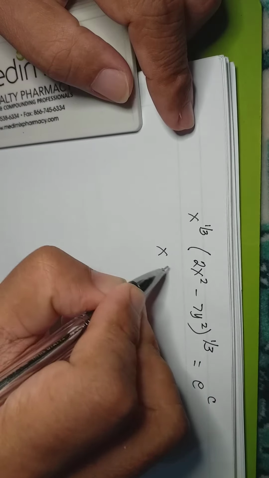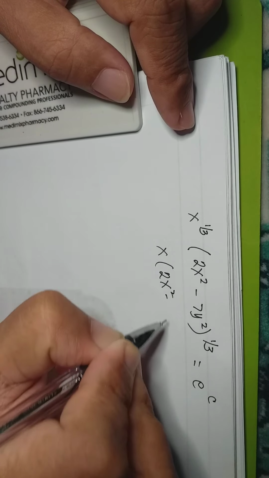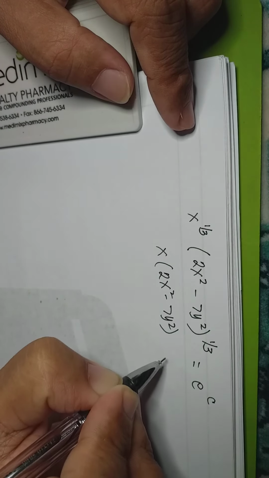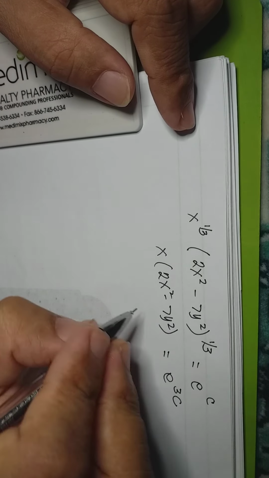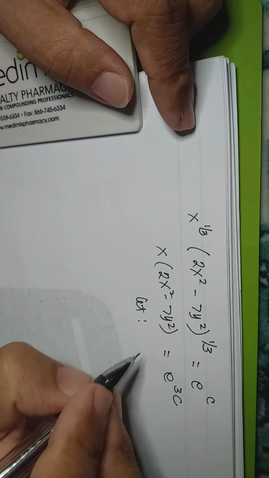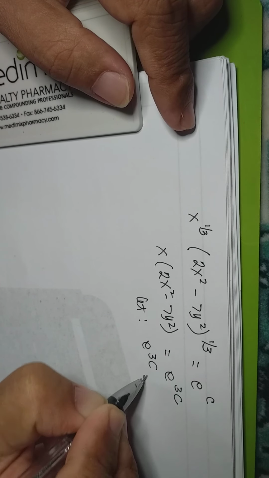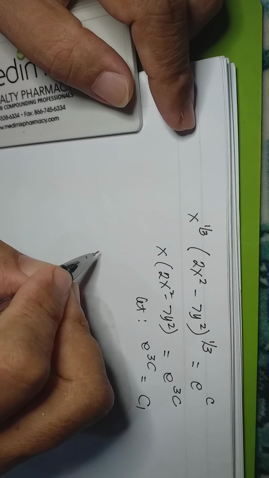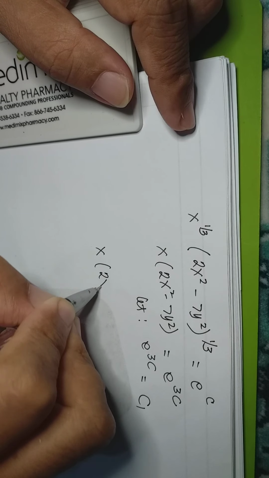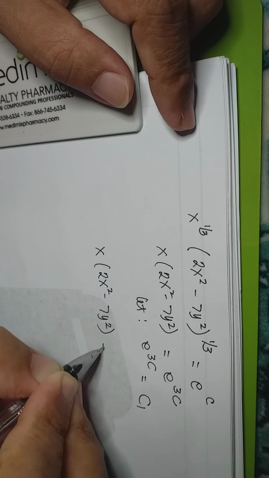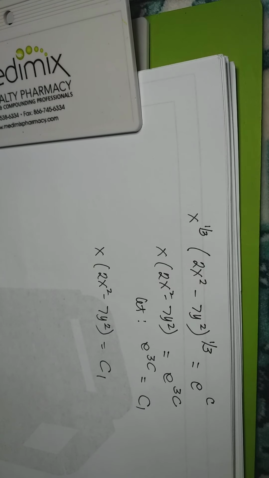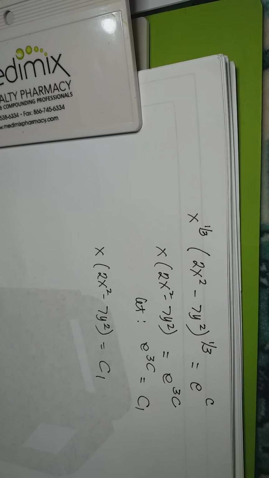So we have x times (2x squared minus 7y squared) is equal to e to the 3c. If we're going to let e to the 3c be equal to c sub 1, your solution must be x times (2x squared minus 7y squared) is equal to c sub 1. And that answers example number 2.